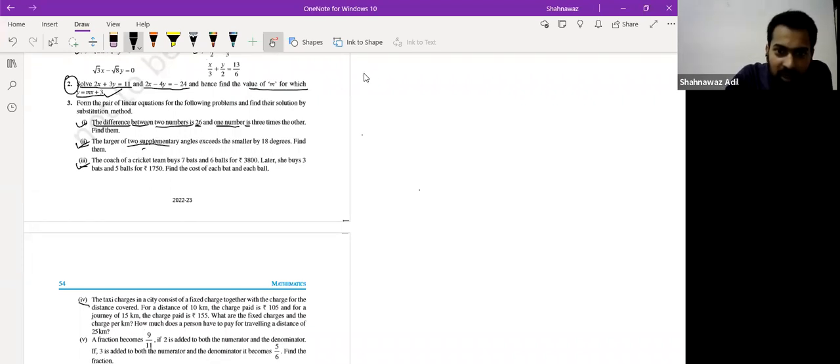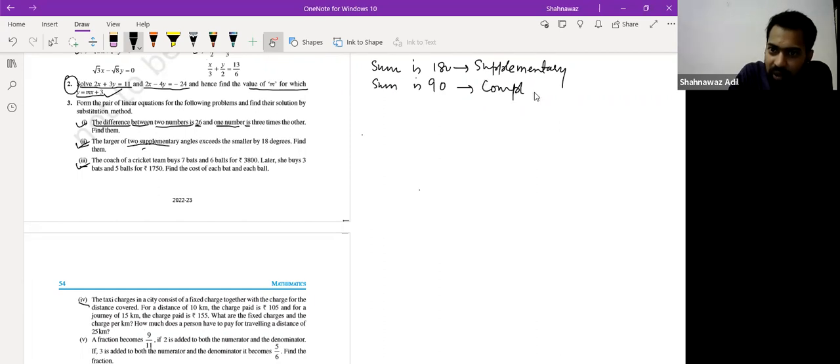Two angles are supplementary if their sum is 180. Remember, Adil? And if the sum is 90, it is complementary, right?